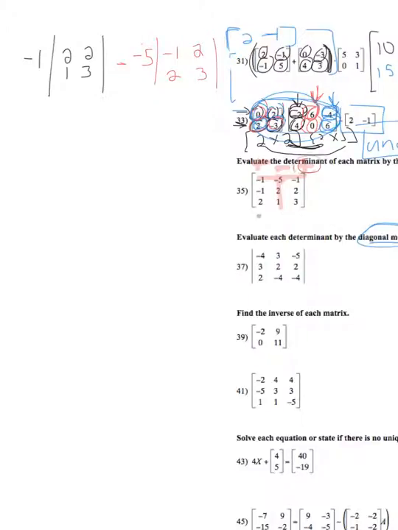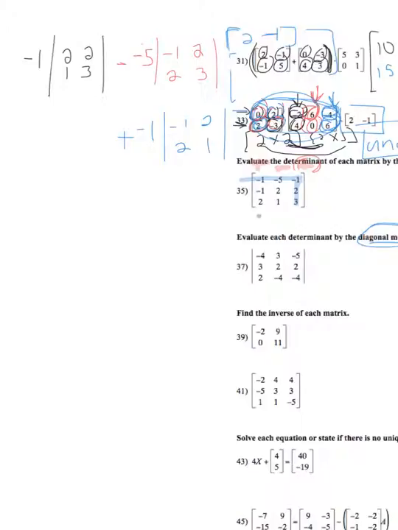And then I've got this plus right here. So then the next piece will be plus the -1. So now I'm going to take this one and get rid of its row and column. So it's going to be plus -1 times its determinant of -1, 2, 2, 1. Okay, that's the determinant of the overall thing.